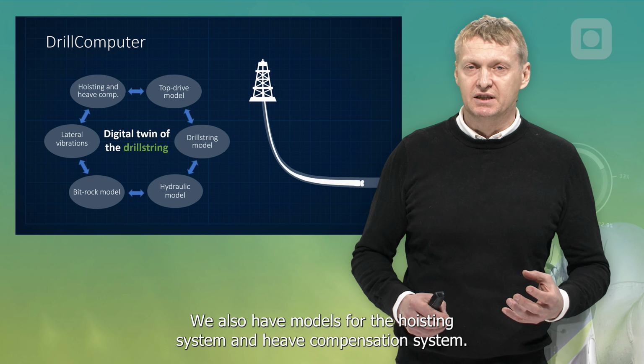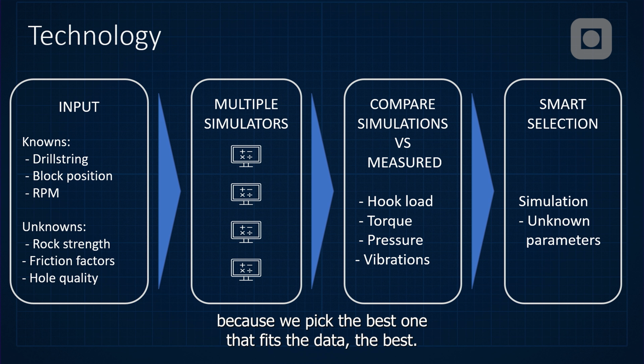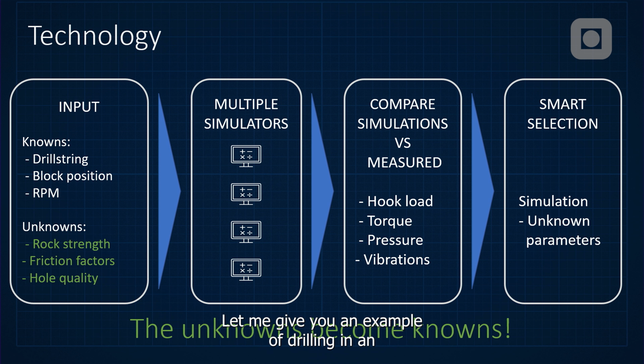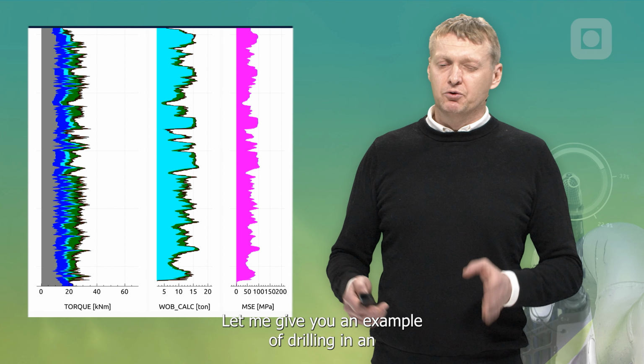And then we get many simulations that we compare with the measured hook load, torque, pressure, and also vibrations downhole. And together we actually predict the unknown parameters because we pick the best one that fits the data the best.